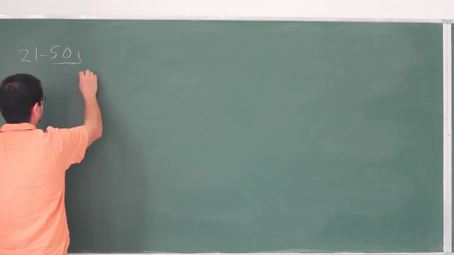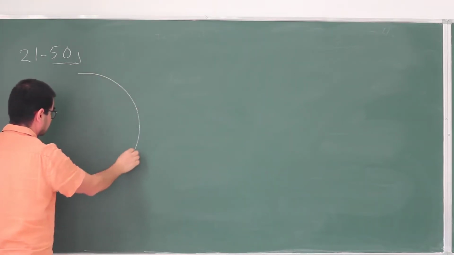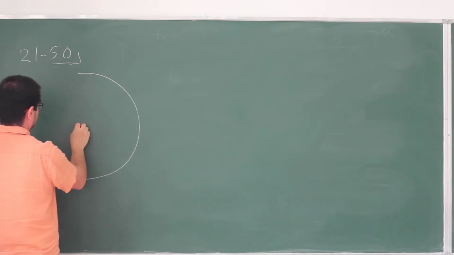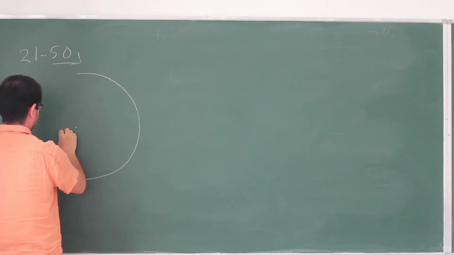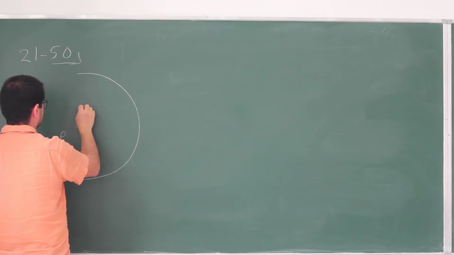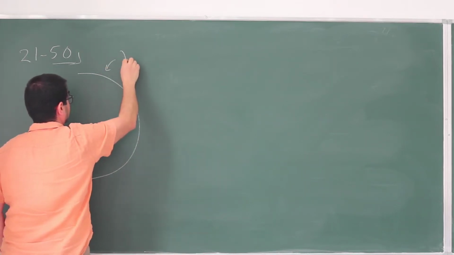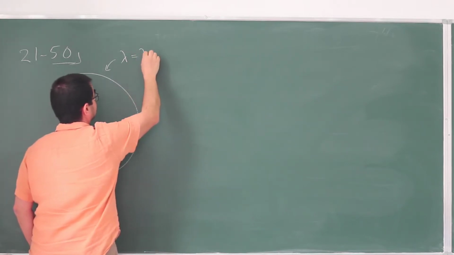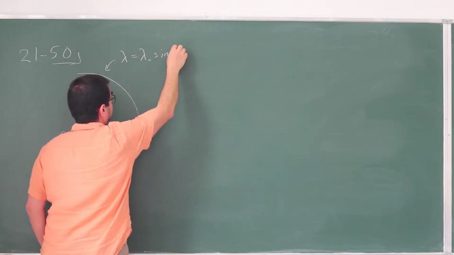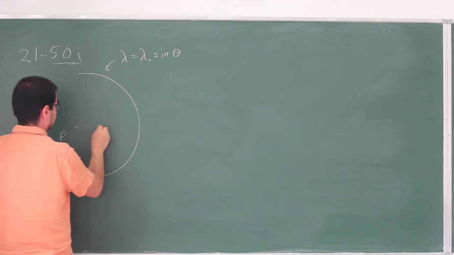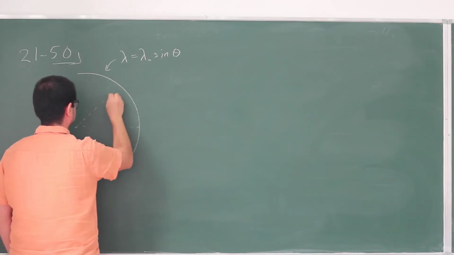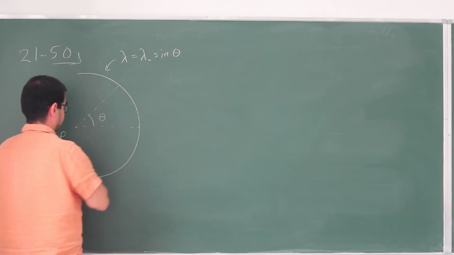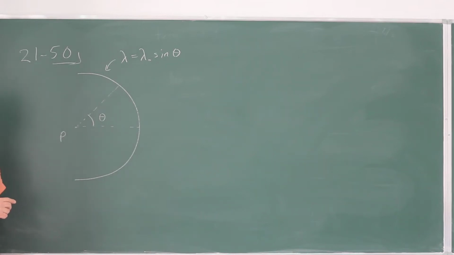And so let's draw this. I have a semicircle glass rod, and we're looking at the point P at the center, and there's some non-uniform charge density distributed over this. This is lambda naught sine theta, and that theta is this angle as measured from the horizontal.